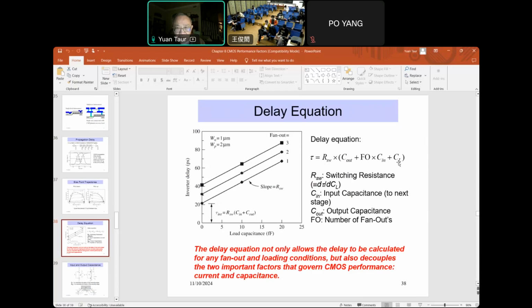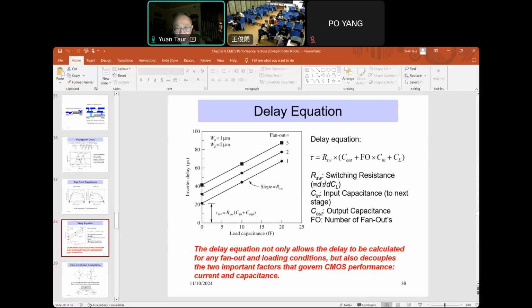Okay. So this is very clear cut of how you minimize the delay. You can minimize capacitance, or you can minimize R switch, which means you have to make the current larger.